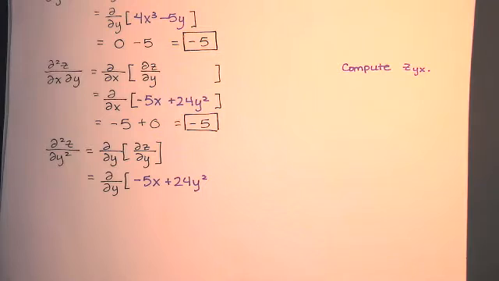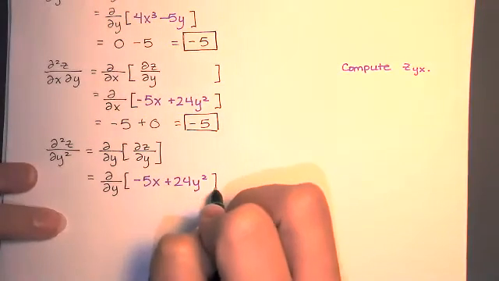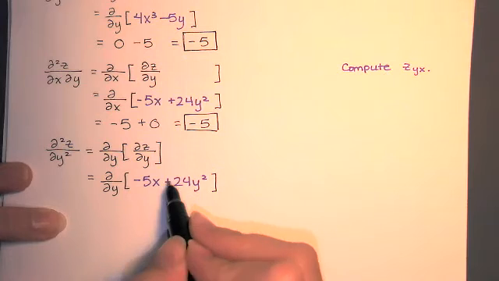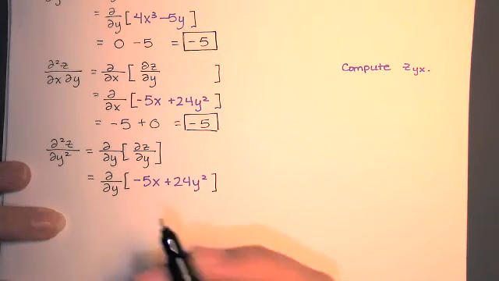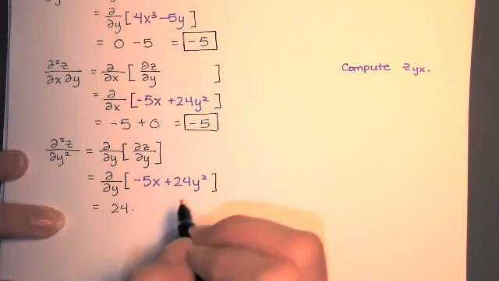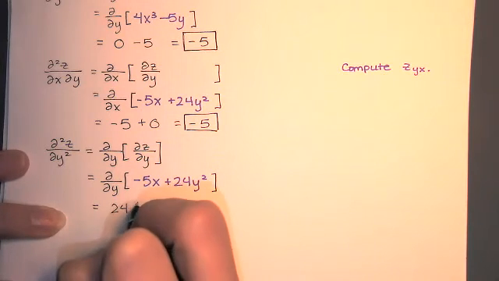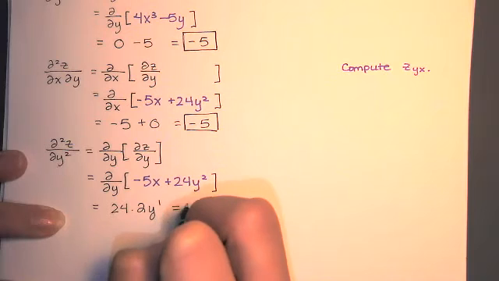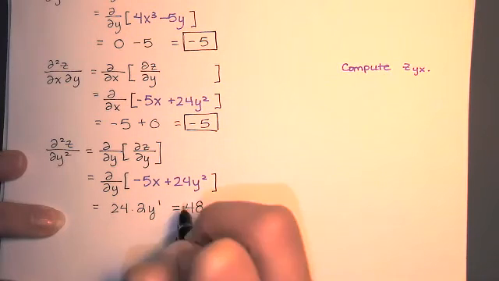And we're taking the derivative of that with respect to y now. The derivative of this constant with respect to y is 0. The derivative of this function with respect to y is just that 24, and then we use the power rule for y squared. You bring the constant down and multiply by y to the one less power, and so you get 48y.